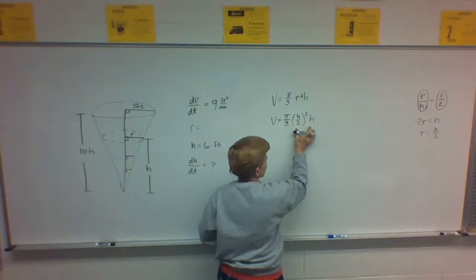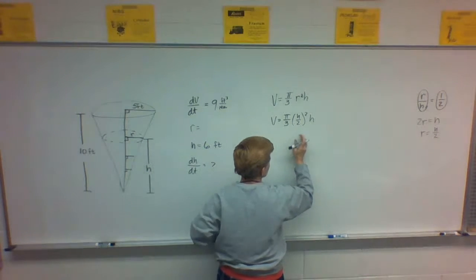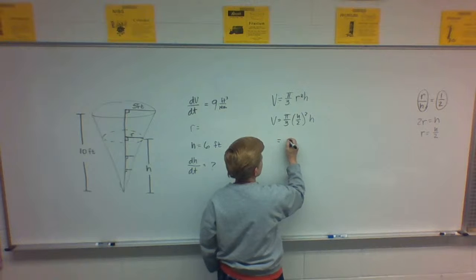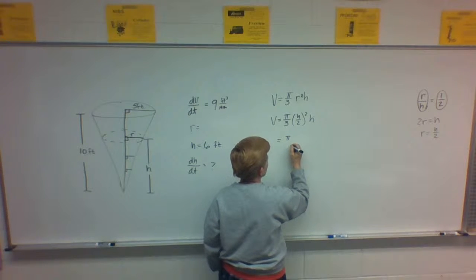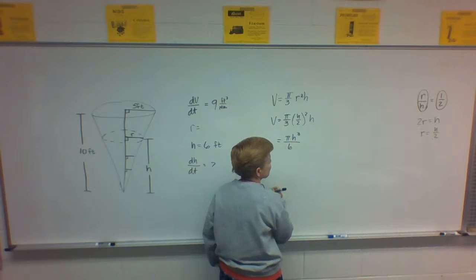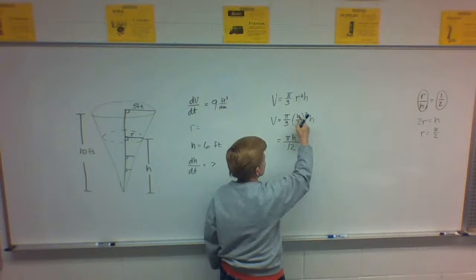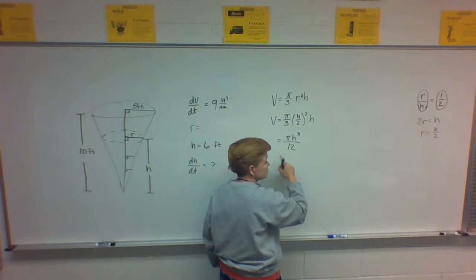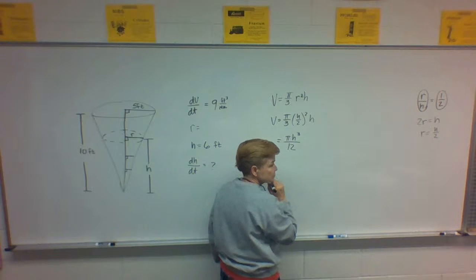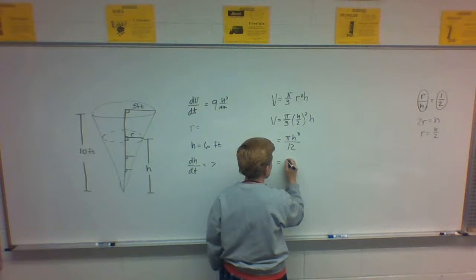Try to get this written in terms of one variable based on facts of the picture. Then what you have is pi h cubed over, no, 12. Gotta square the h times that h is h cubed. Square the 2, that's 4 times that 3 is 12. Easy peasy. So I'm gonna pull it back apart actually.